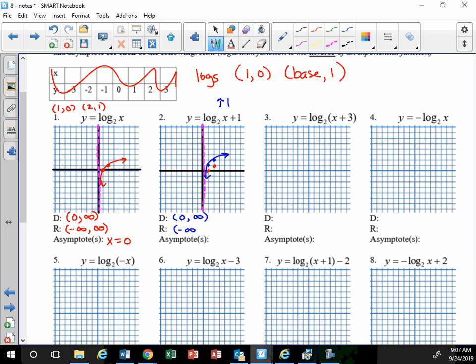Range is still negative infinity to infinity. Asymptote is still x equals 0. Okay with that? You guys want to try number 3? And try to graph that one for me.